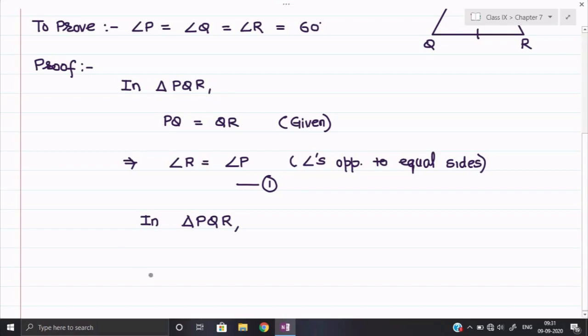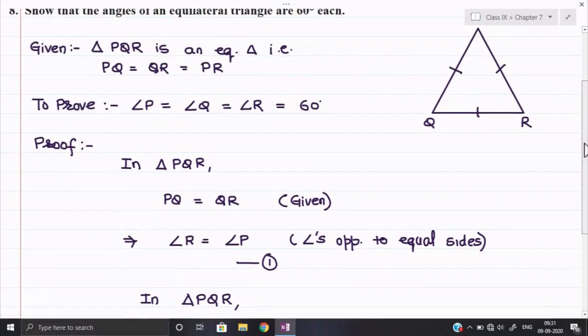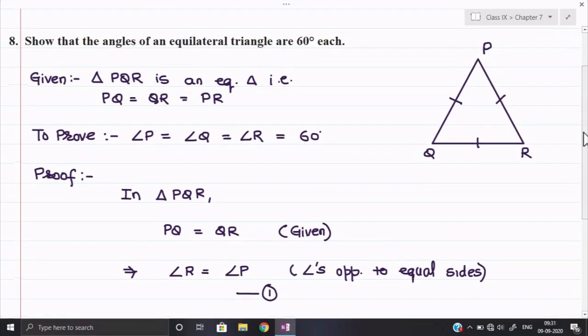So for example, I take here QR is equal to PR. You can take any of the two sides. So QR and PR I have taken equal. Once again see, in front of QR, which angle do I get?